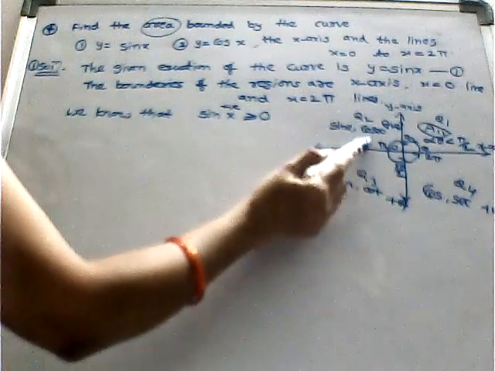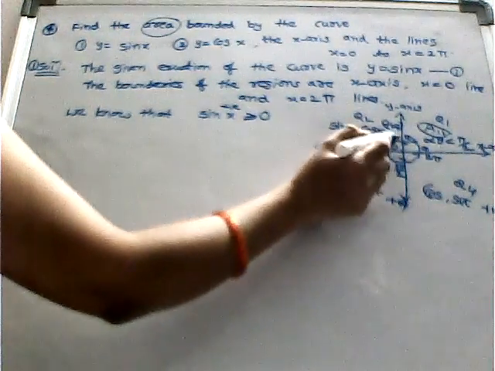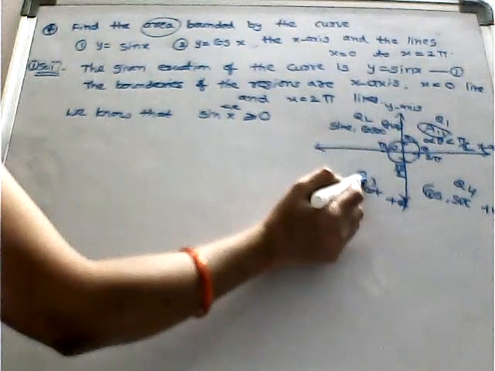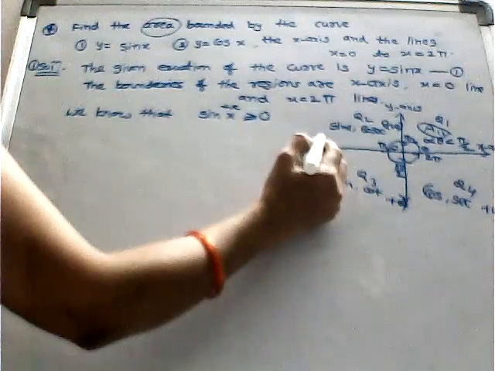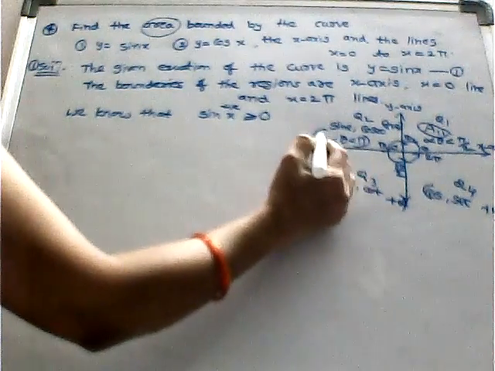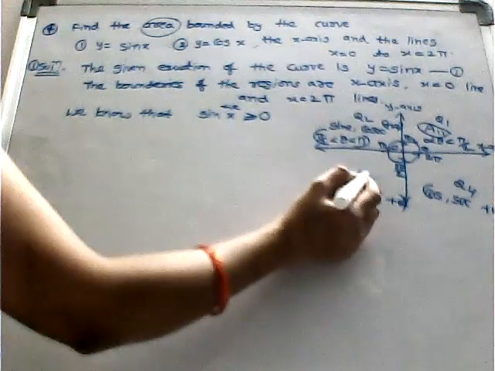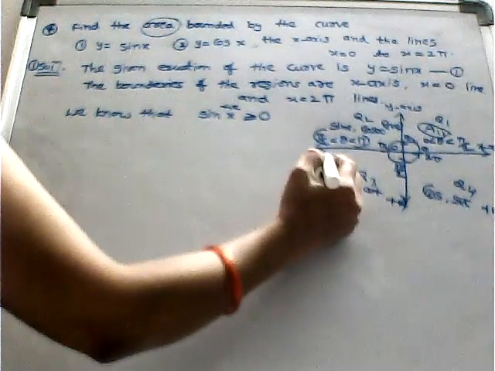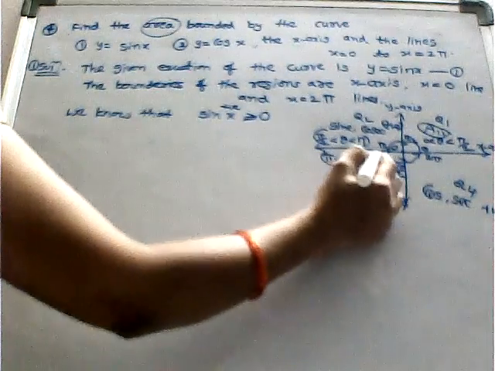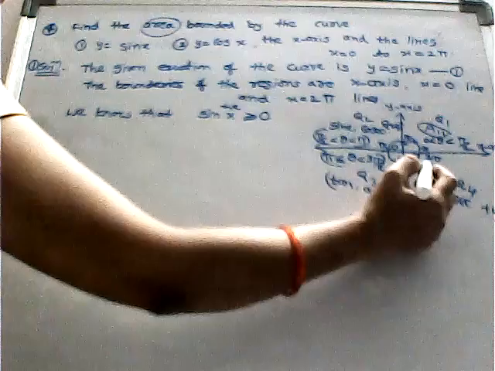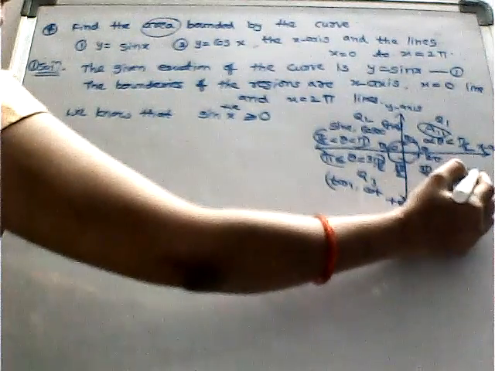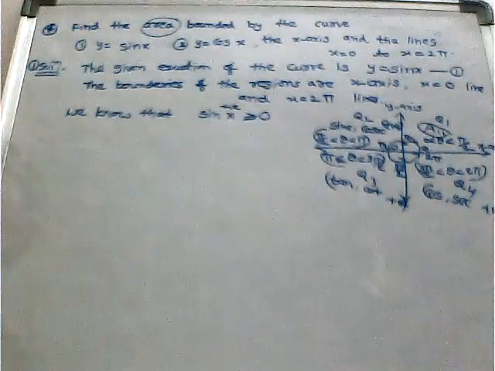In the Q2 quadrant, the theta values come from pi by 2 to pi. In the Q3 quadrant, the theta values take from pi to 3 pi by 2. In the Q4 quadrant, the theta values are coming from 3 pi by 2 to 2 pi.